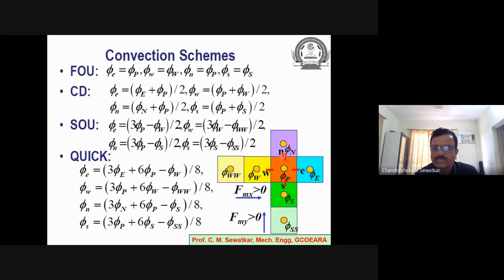If I want to find it for the north face, it will be 3 phi P minus phi S divided by 2. And for the south face, it will be 3 phi S minus phi SS divided by 2. So we are using two upstream values.